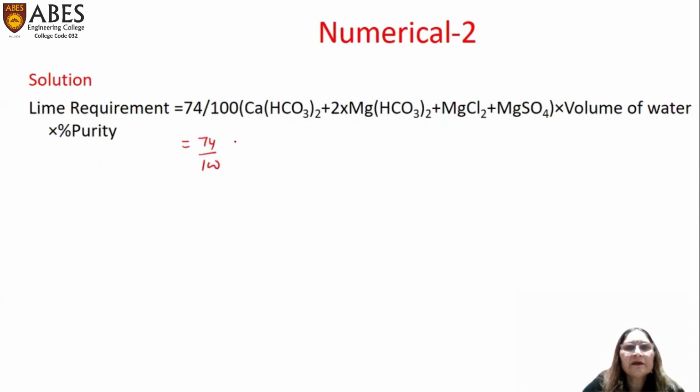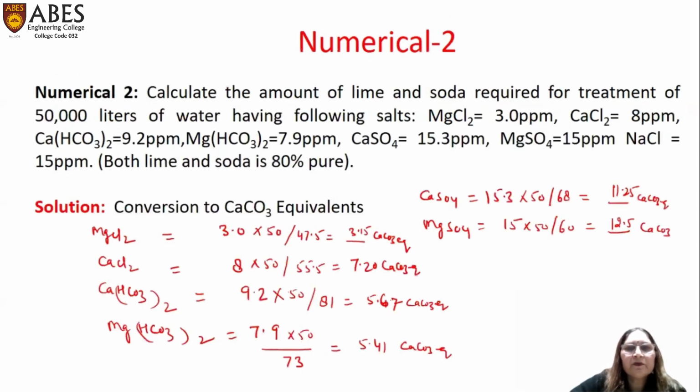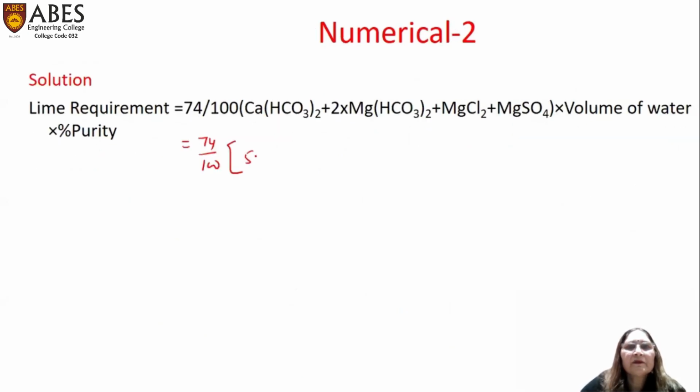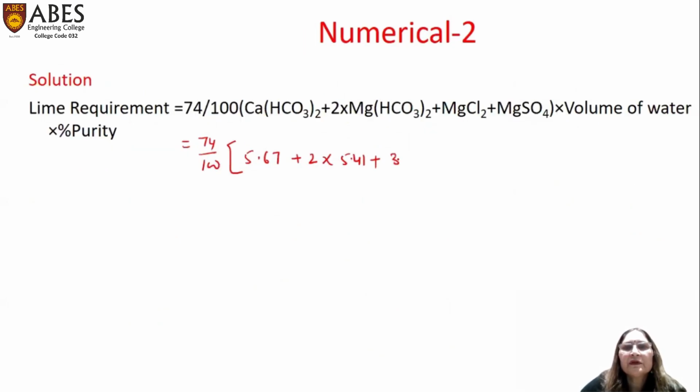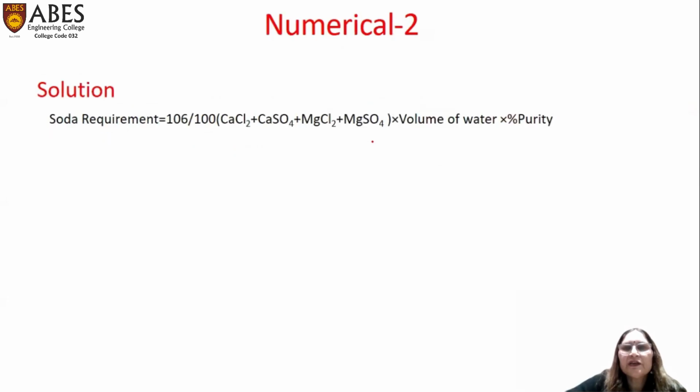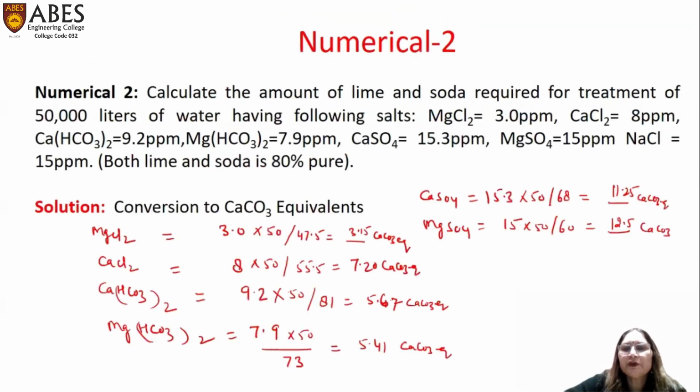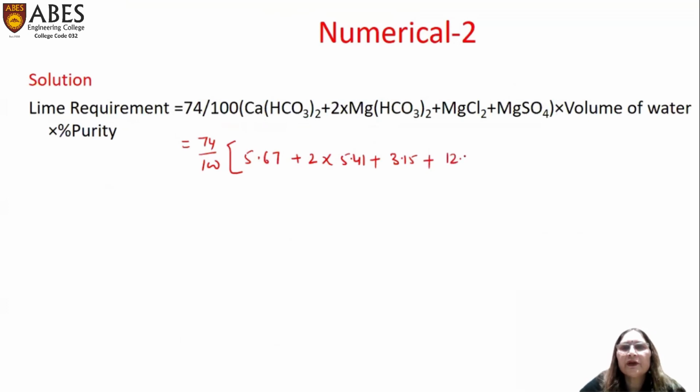74 upon 100 into calcium bicarbonate 5.67 plus 2 into magnesium bicarbonate 5.41 plus magnesium chloride 3.15 plus magnesium sulfate 12.5, all in terms of calcium carbonate equivalent, and volume of water is 50,000.